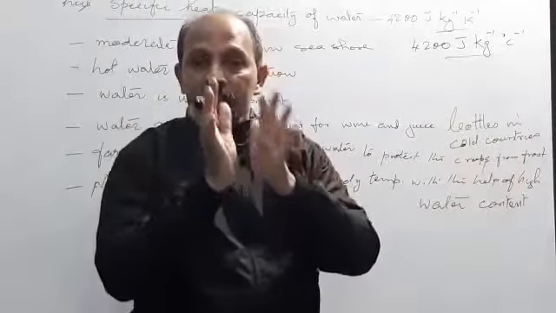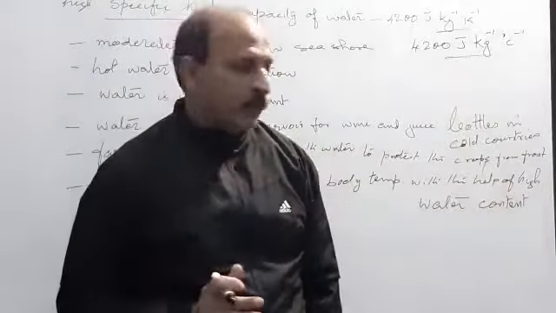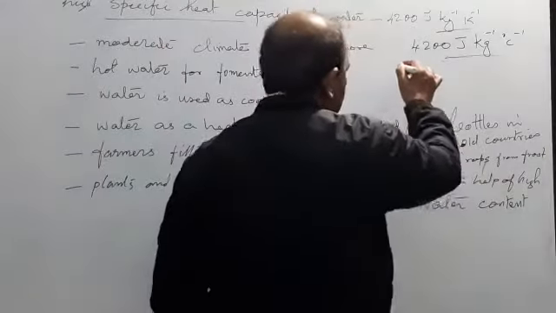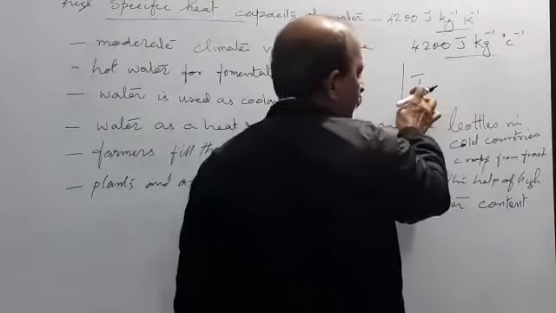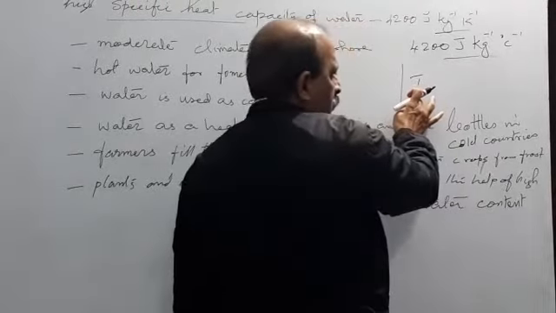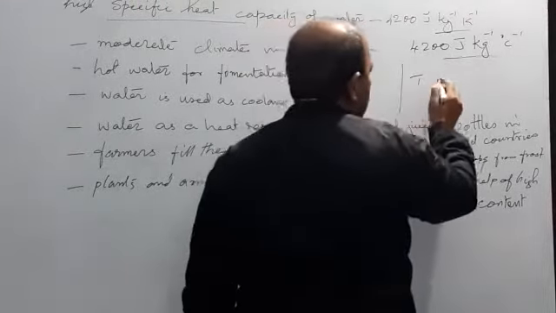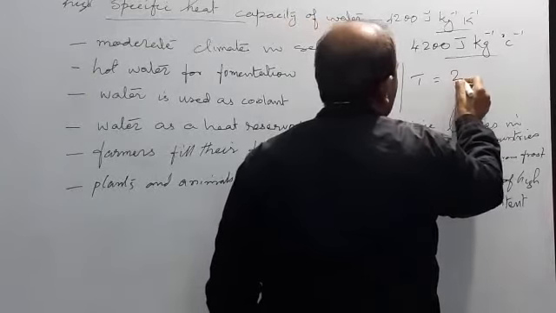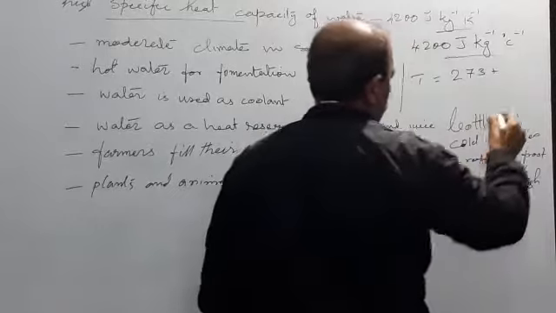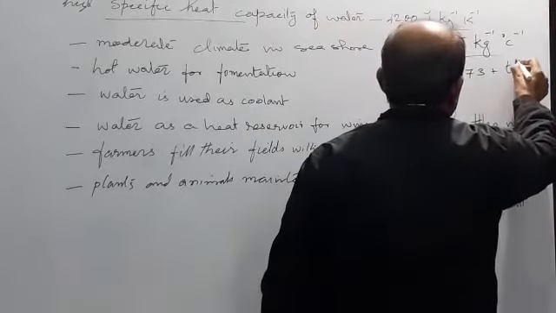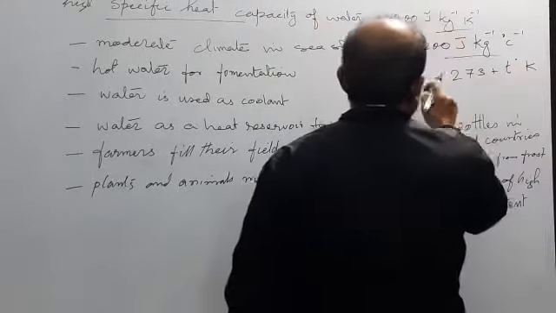Because there is a linear relation, that is the temperature measured in Kelvin, which we denote in block letter T, is equal to 273 plus T degree Celsius or T Kelvin.